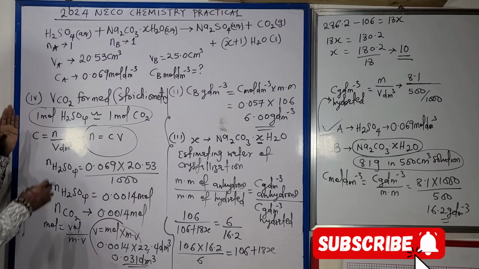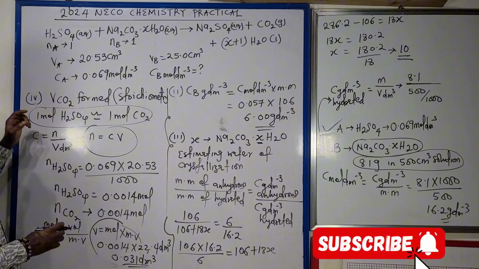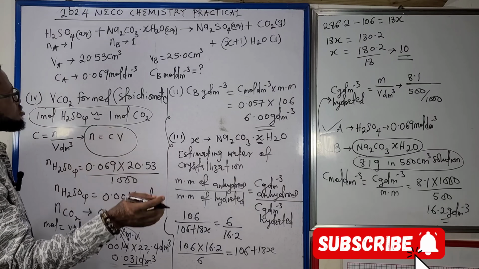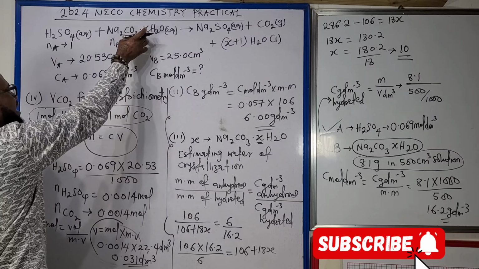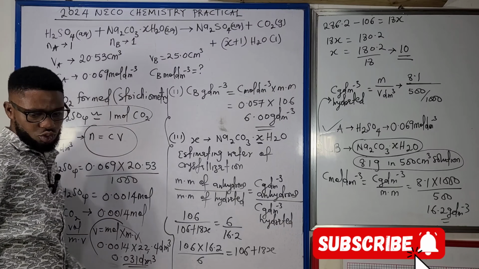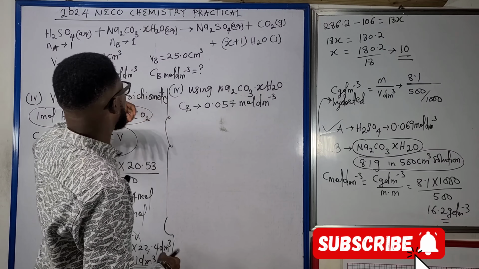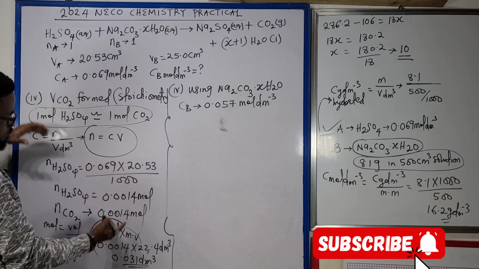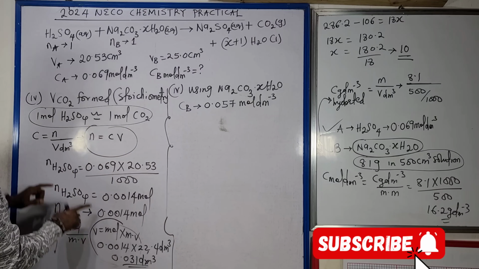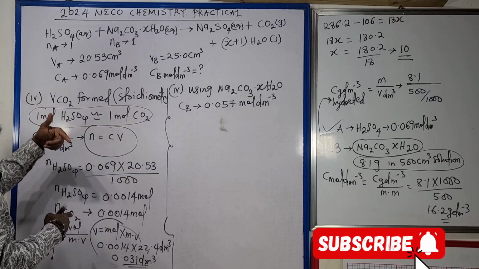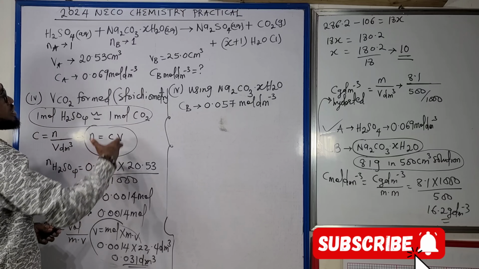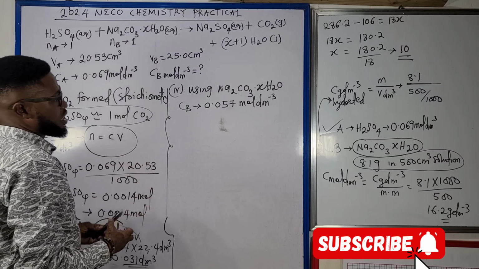In case you are not convinced about this, let me also calculate the volume of carbon dioxide using sodium carbonate, Na2CO3.xH2O. So now, just like we've been able to get the volume of carbon dioxide using our sulfuric acid, we can also get the volume of carbon dioxide using sodium carbonate.